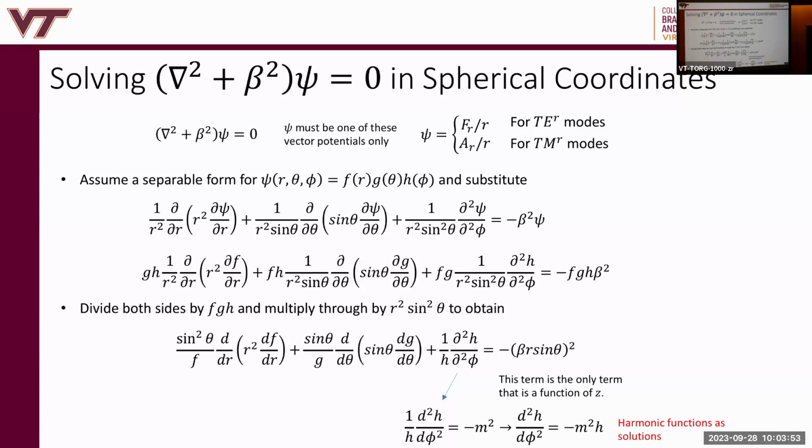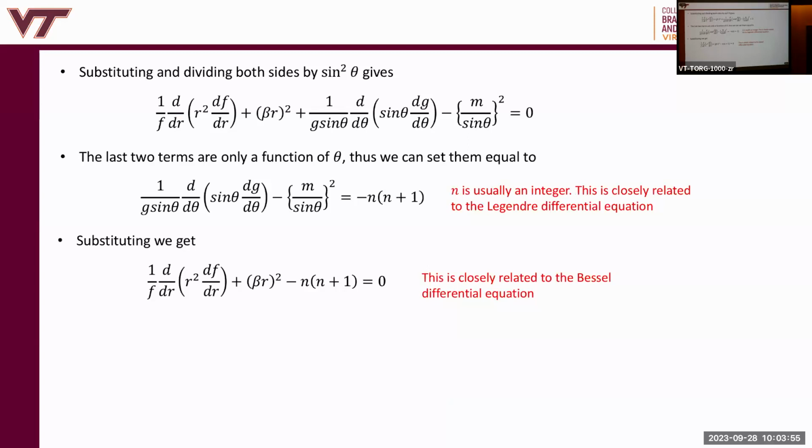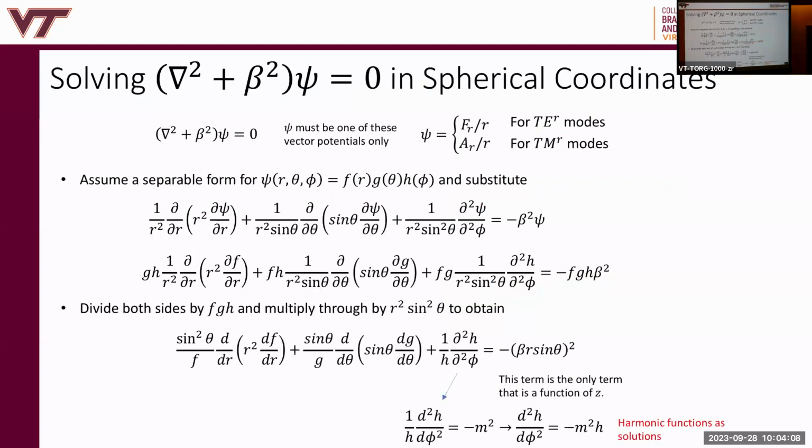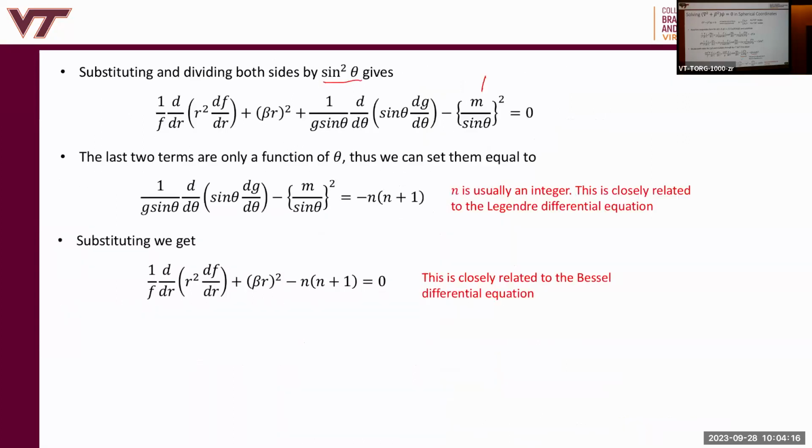Okay, so take that and plug it back into the differential equation. Here we have our separation constant, and we divide through by sine squared of theta. If you remember, we had sine squared of theta over here, so this term becomes r, and then we divide through by sine squared of theta.